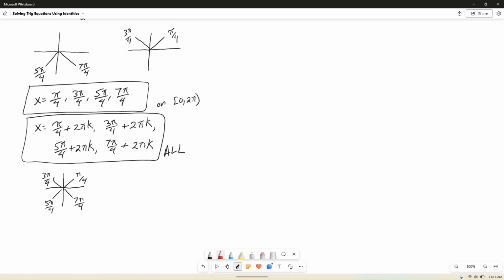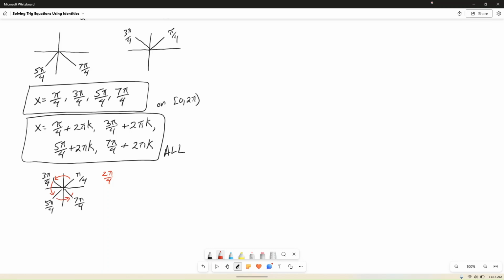How far do I need to travel from the first one to the second? How far is it from pi over 4 to 3 pi over 4? It's a distance of 2 pi over 4, right? From 1 pi over 4 plus 2 pi over 4 gives you 3 pi over 4. Well, how far is it from 3 to 5? Same thing, 2 pi over 4. And from 5 to 7, same thing.